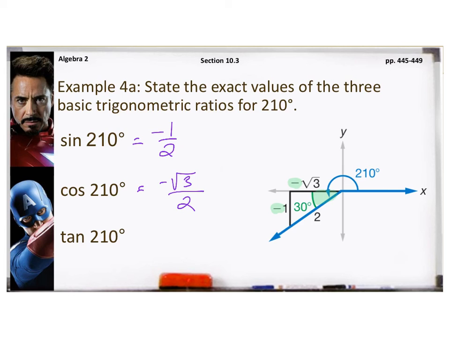The tangent, though, both of them are negative, right? Both side lengths, negative root 3 and negative 1, are negative. So it's going to turn out to be positive. So it's opposite over adjacent. So therefore, rationalized, it's root 3 over 3.